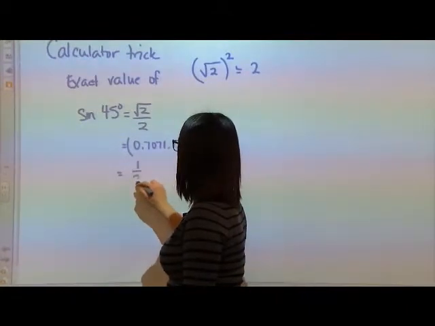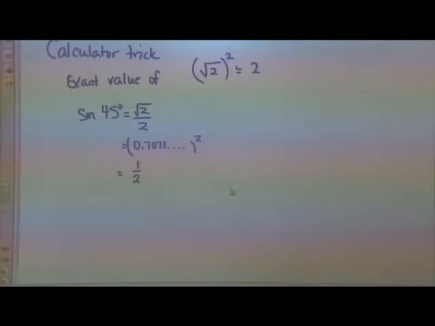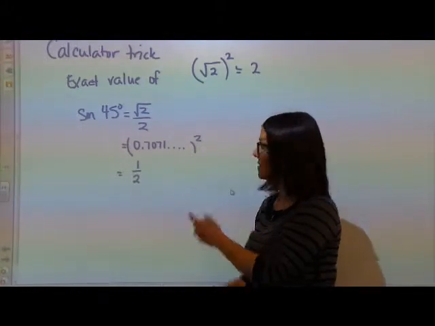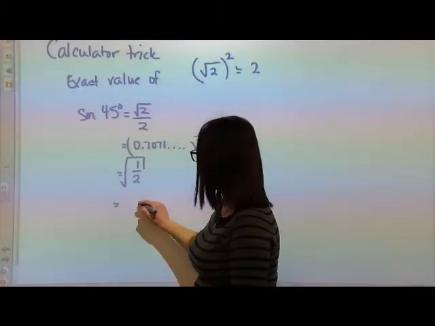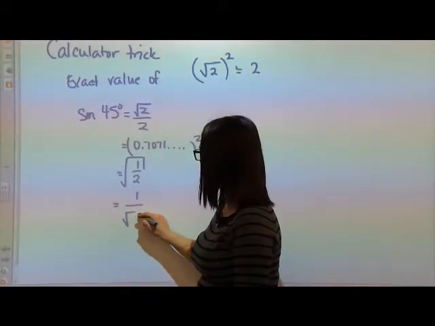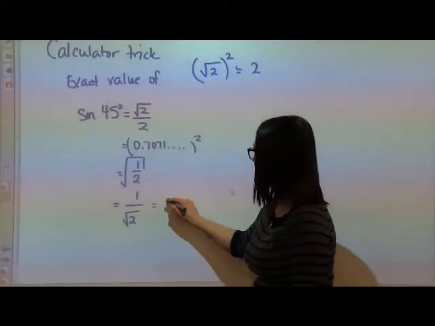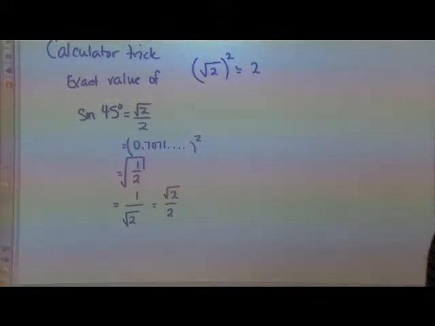And that gives me 1/2. Have I changed the value, what it's worth? Yes, I have. So how do I fix that? Just square root it. So square root 1 and I get 1. Square root 2 and I get root 2, which when I rationalize it, gives me root 2 over 2.